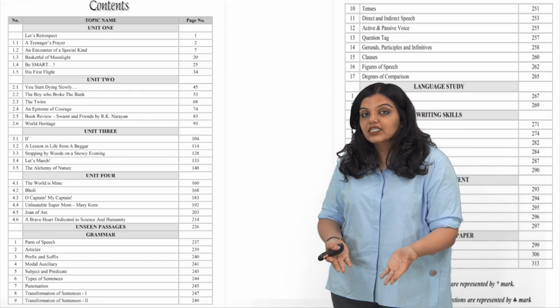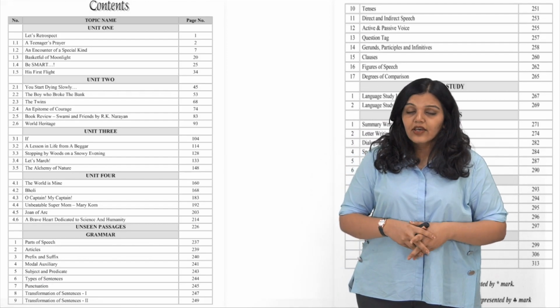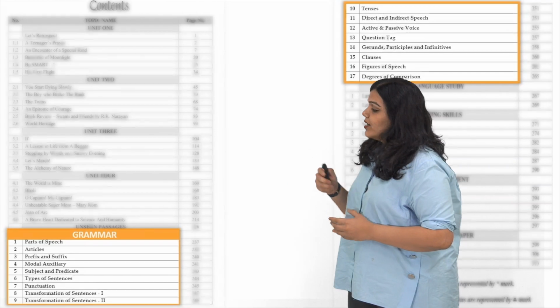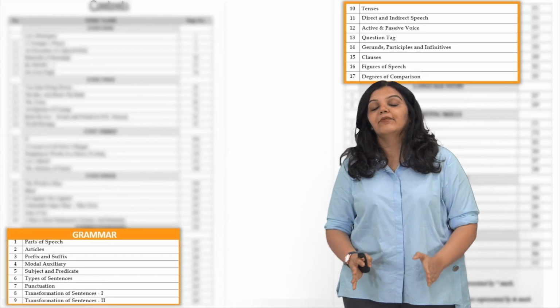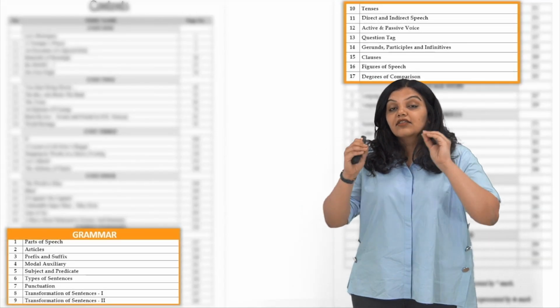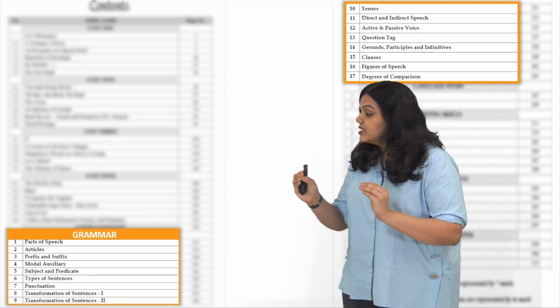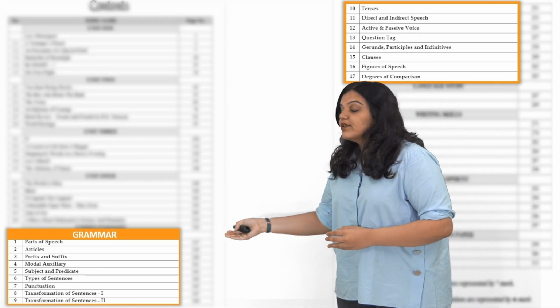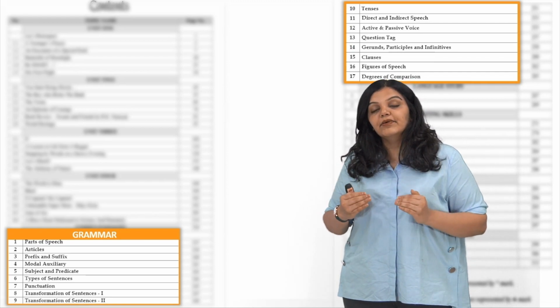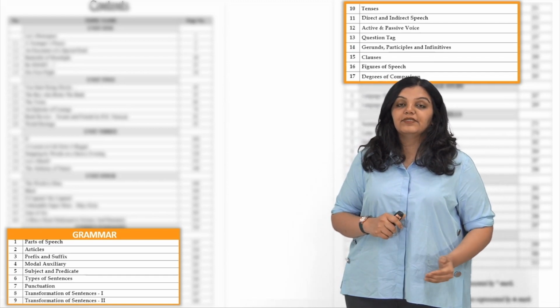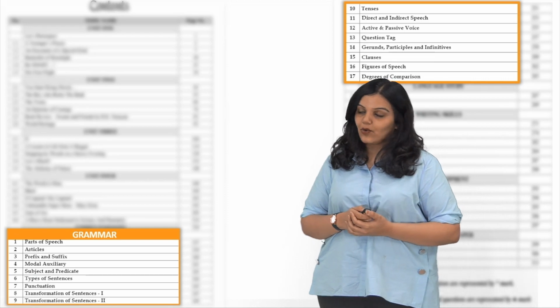So if you have forgotten what your grammar concepts are, which is natural, you can refer to a separate grammar section which includes theory on what exactly these concepts are. So you can peruse this section and remember and revise the grammar concepts and then attempt your language study questions.